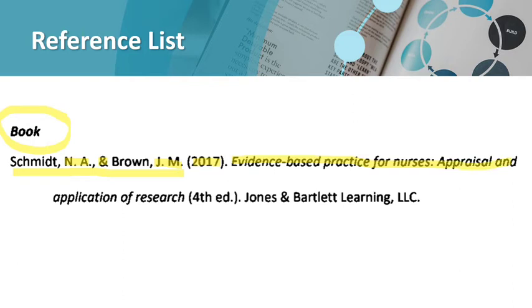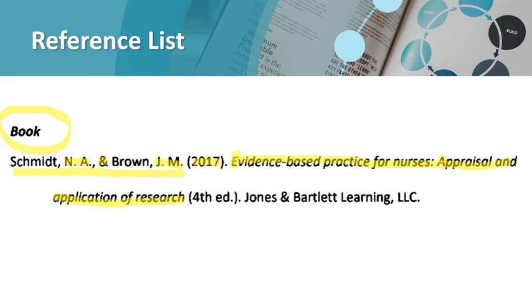Take note, for works that stand alone, like books and reports, the title must be italicized. Only capitalize the first word of the title here. Here is the first letter of the title, and the subtitle. Here is the subtitle.